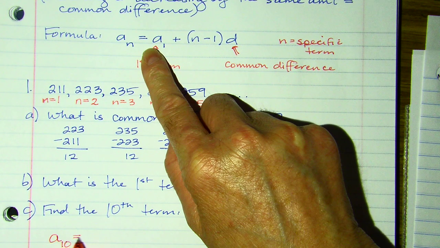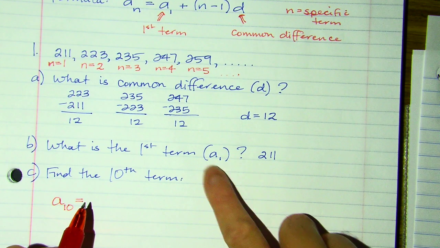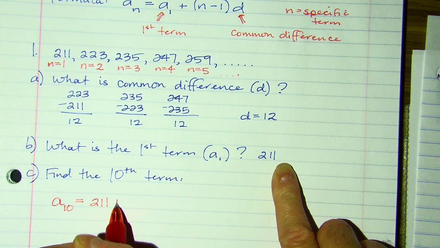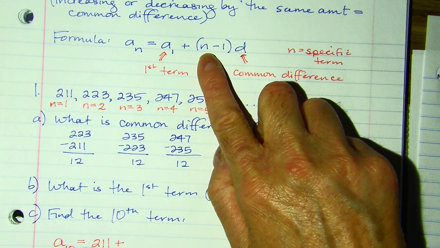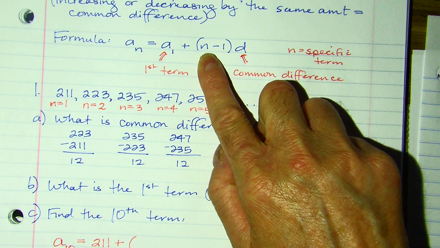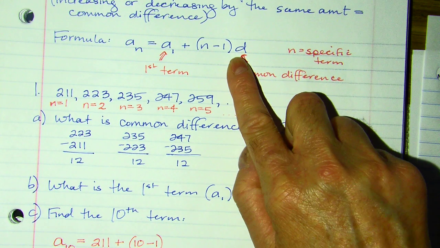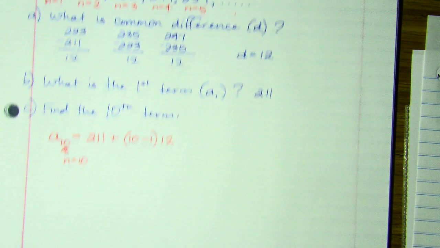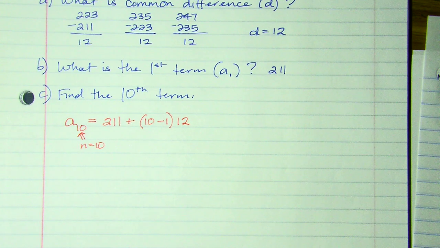A10 equals A1, our first term, which we identified is 211, plus, notice the formula says n minus 1. Well, that right there is n, so here I'm going to put 10 minus 1, and multiply it by d, and we discovered d is 12. Now I'm going to simplify this.